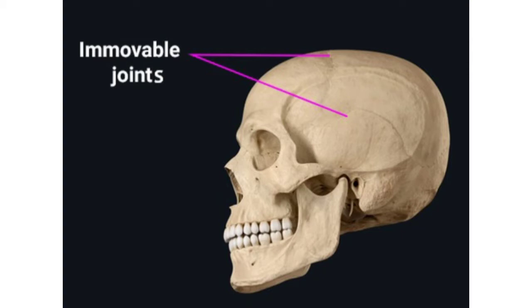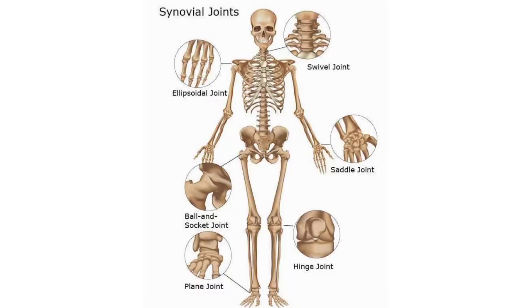Joints have different kinds. Some joints are immovable and some joints are movable. Joints in the skull are immovable joints because they do not allow any movement. Many different kinds of movable joints are there.